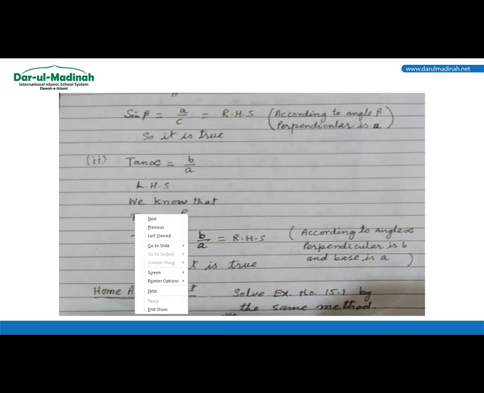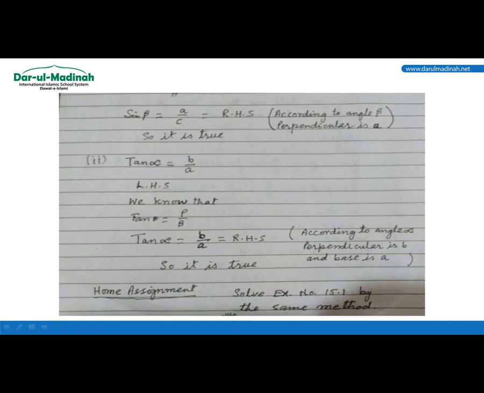The second question, tan beta is equal to tan alpha. Tan alpha is equal to B upon A. This is the left hand side. What is the formula of tan theta?